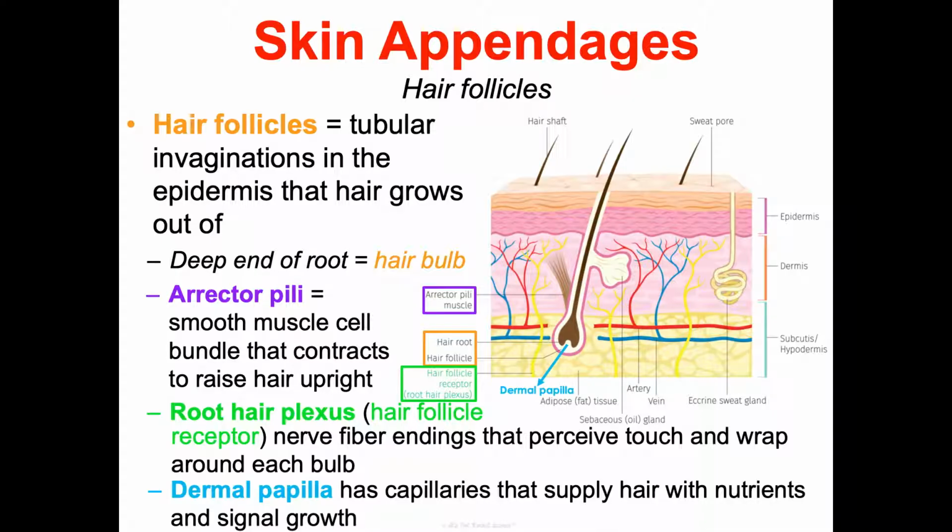And then we mentioned before the dermal papilla. This has capillaries that supply the hair with the nutrients they need, and it also signals growth. Hair grows because cells in your hair bulb of the follicle are dividing rapidly and making new hair cells, and that's what keeps pushing them upward and outward. So the part that's sticking out, remember, is dead, but new cells are being made down here. And each follicle goes through a growth cycle that has an active growth phase versus a resting phase.